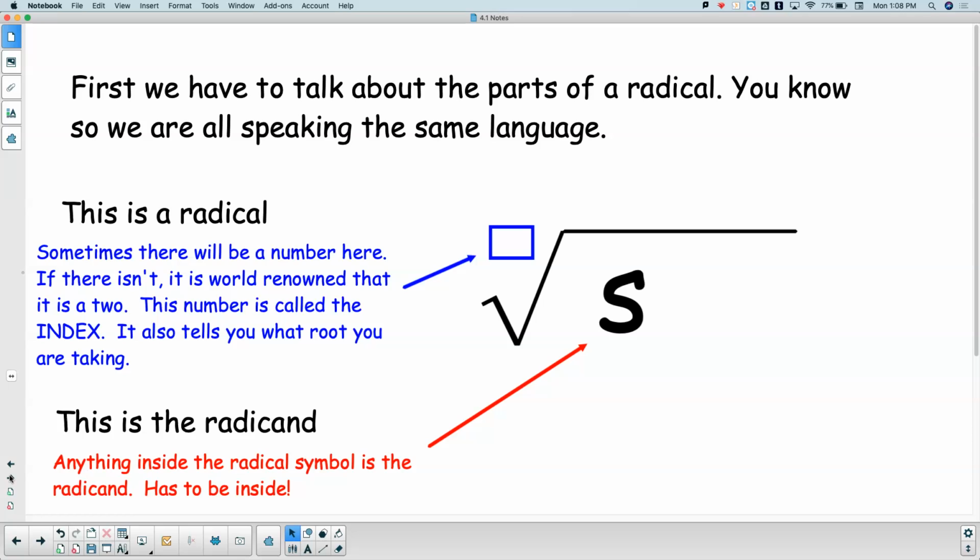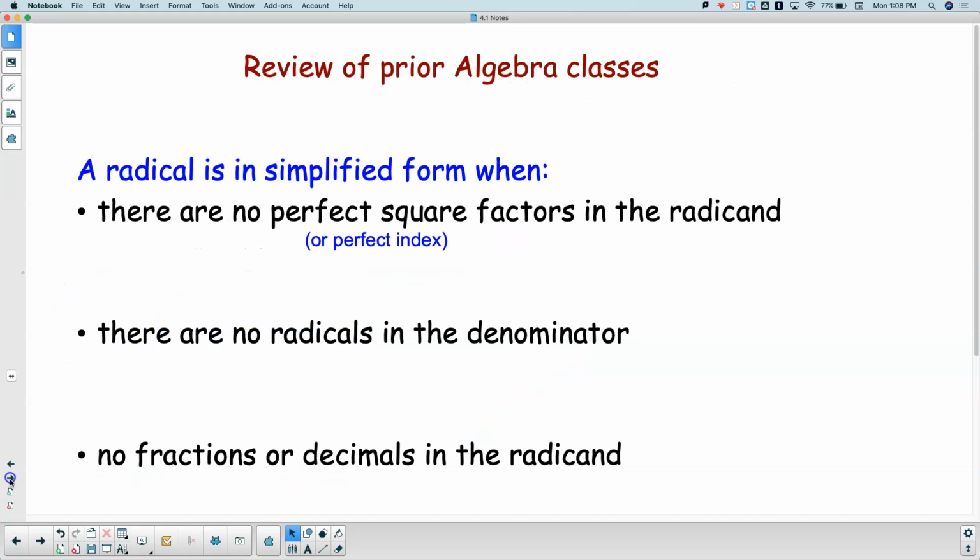From your old algebra classes, a radical is in simplified form if there are 3 conditions that are met. The first condition is there are no perfect square factors left in the radicand. Or, if it's Wednesday, perfect index factors left inside the radicand.